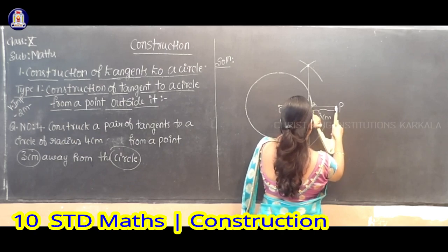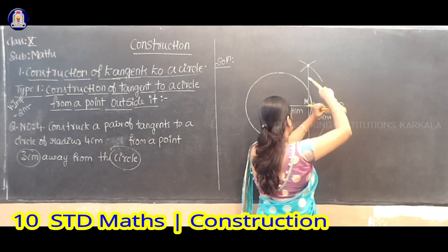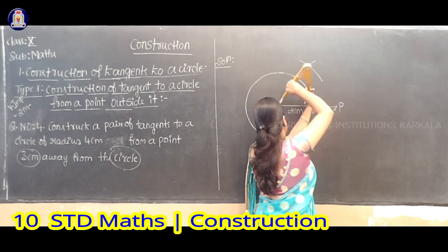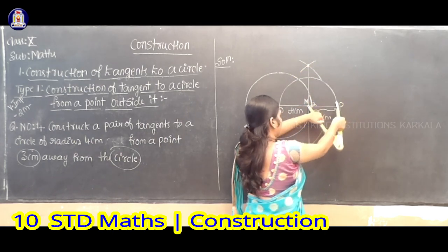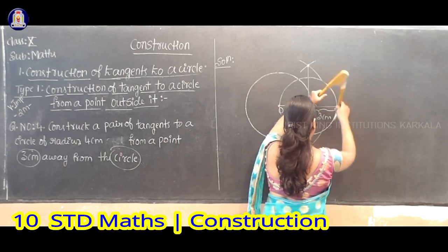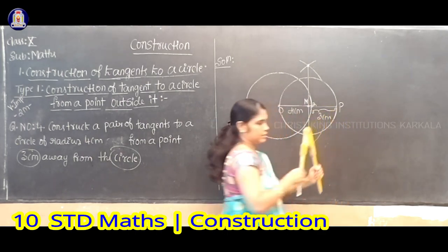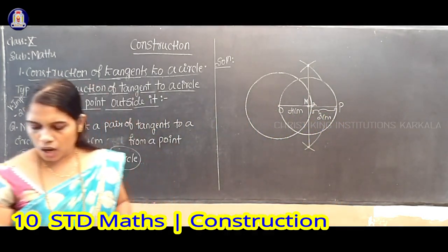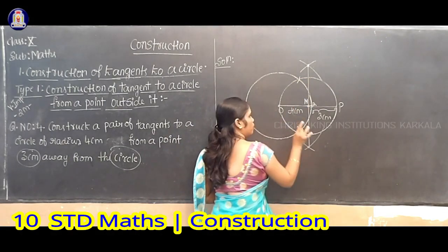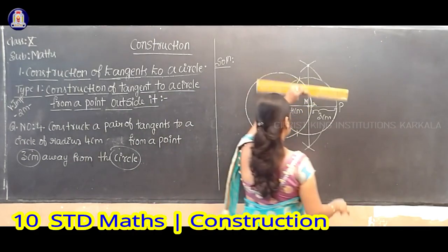Now you have to draw one circle. So now these 2 circles are intersecting at these 2 points. So now I will join these 2 points.